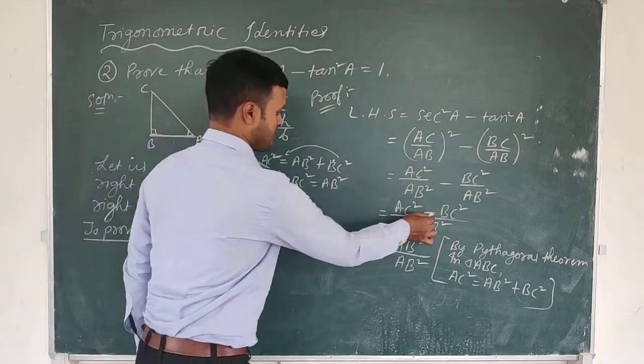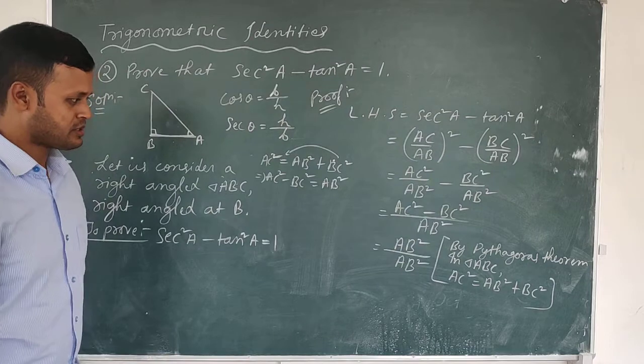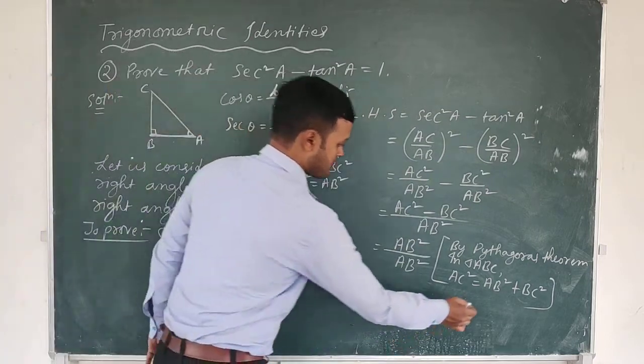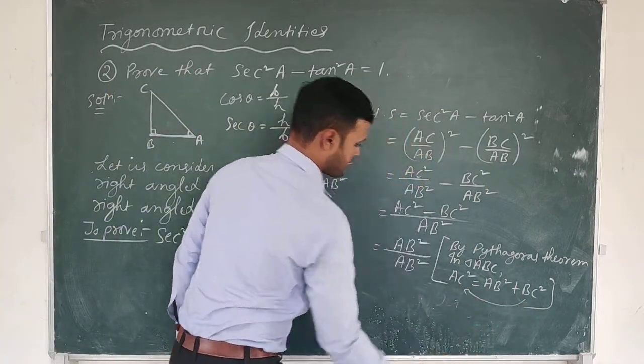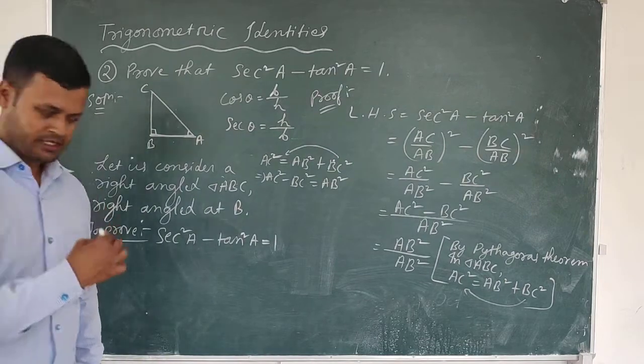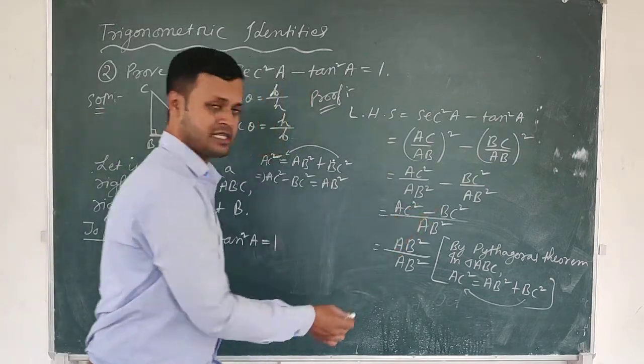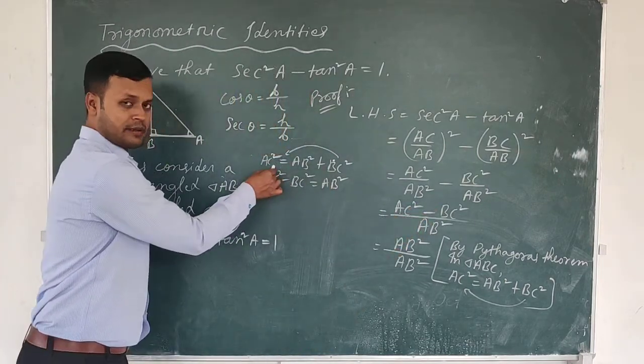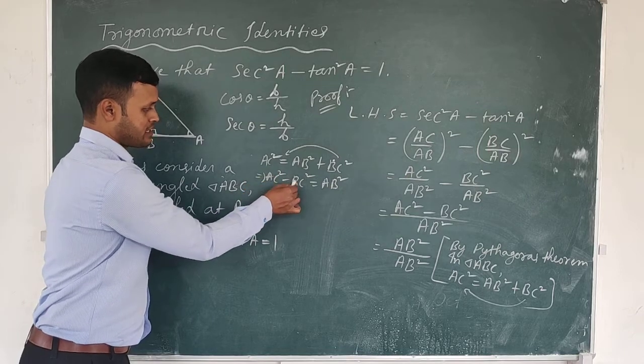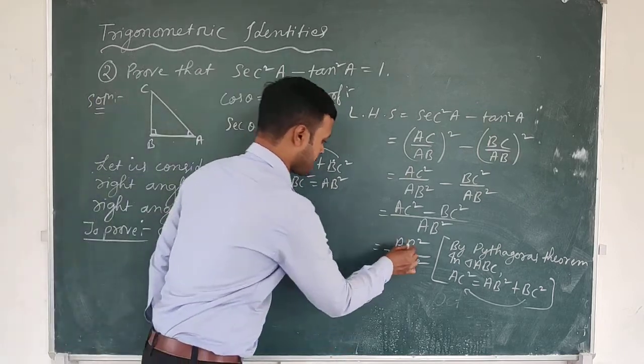So in place of AC square minus BC square, you just write AB square.